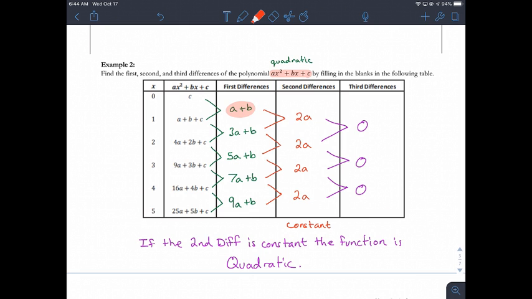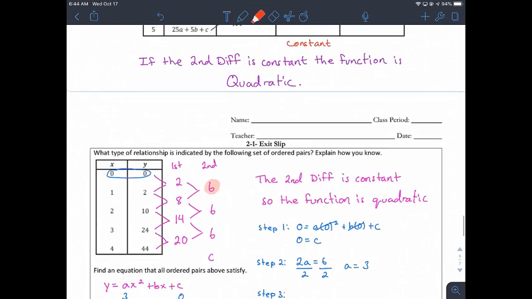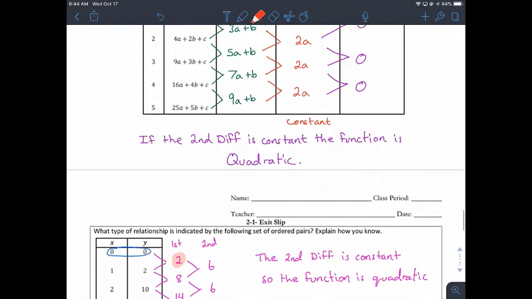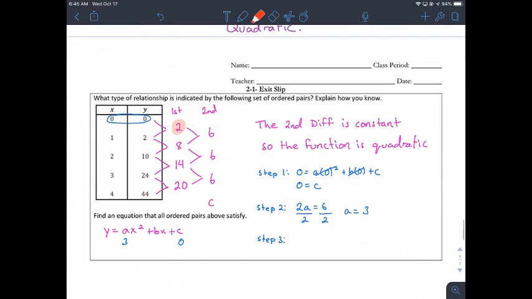And this is the first item in the first difference column, which is 2. So I can say that 2 is equal to a plus b. And a is 3, so we can say 2 is equal to 3 plus b. And subtracting 3 from both sides, we get negative 1 is equal to b.